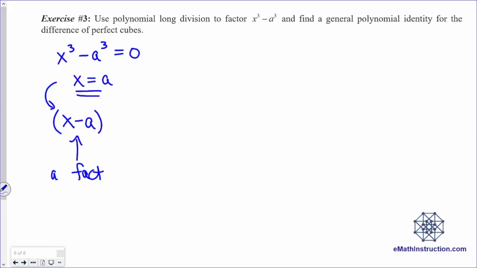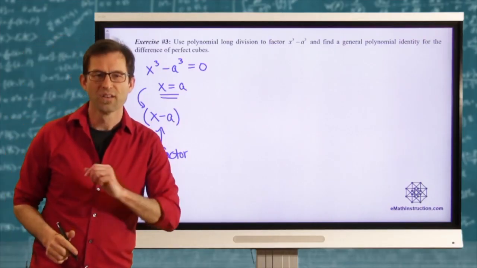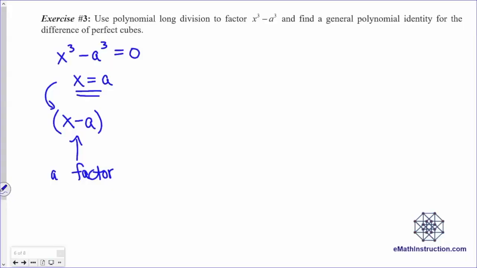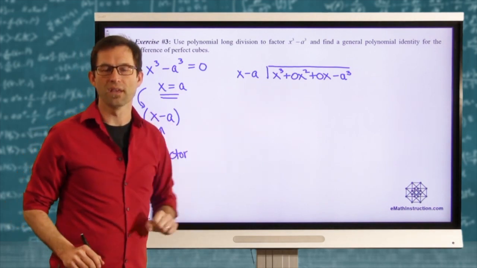It's got to be. If x equals a is a 0, x minus a is a factor. So let's do that polynomial long division. Here we go. x minus a divided into x cubed plus 0x squared plus 0x minus a cubed, right? We want to divide this into that.